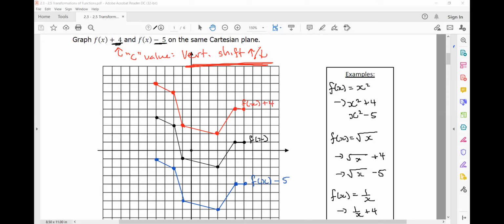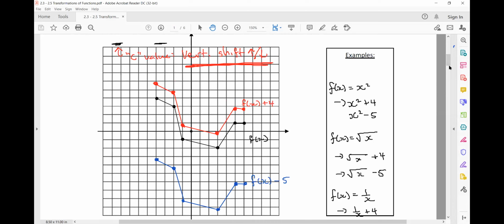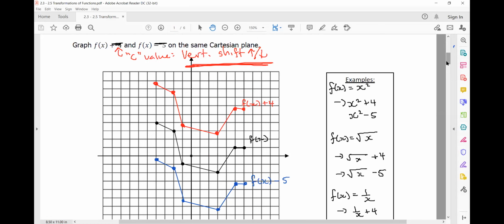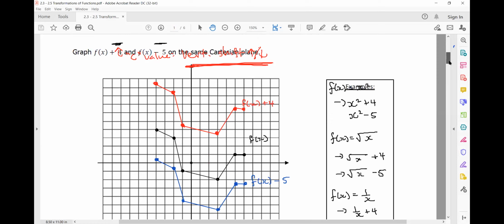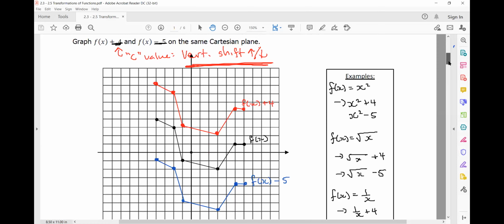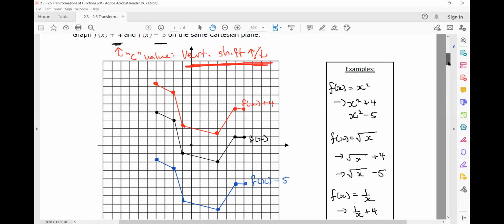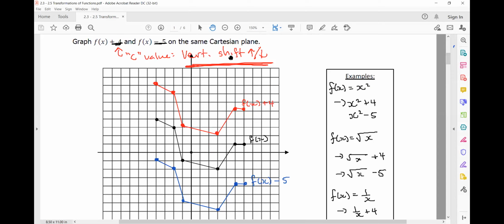And of course, I'm running out of space. Or it would be 1 over x minus the 5. Right? So this is what a vertical shift would look like.